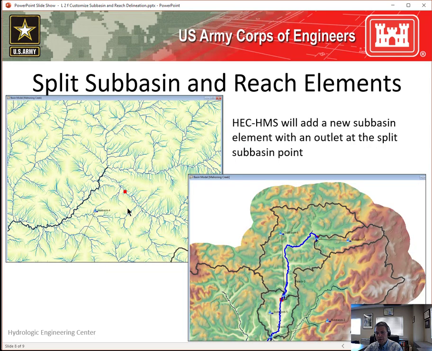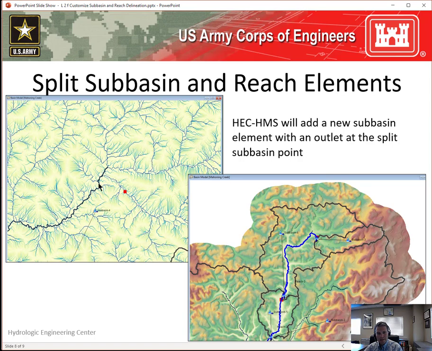The other option, if you don't want to rerun the identified stream layer, is to turn on your flow accumulation grid, and that's what you see in this upper left figure right here. This is what I refer to as the detailed stream network as identified by the flow accumulation grid. And then you would follow the same type of process.